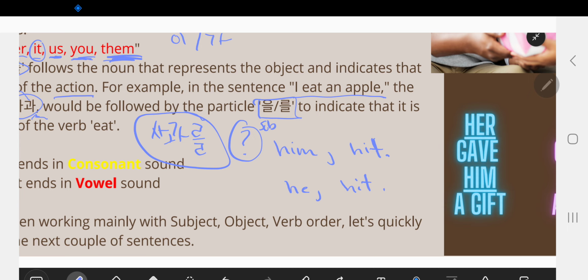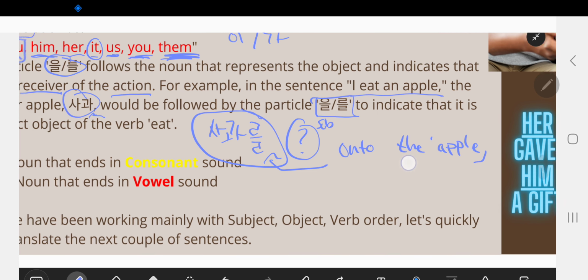And that's exactly what we're trying to portray, that these mean a big difference. So if I did this, I know that something is happening onto the apple. Something happened onto the apple, I ate it.